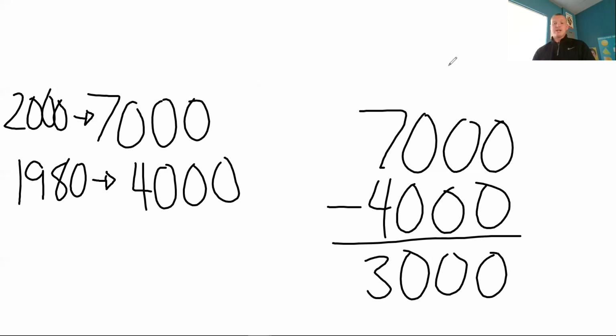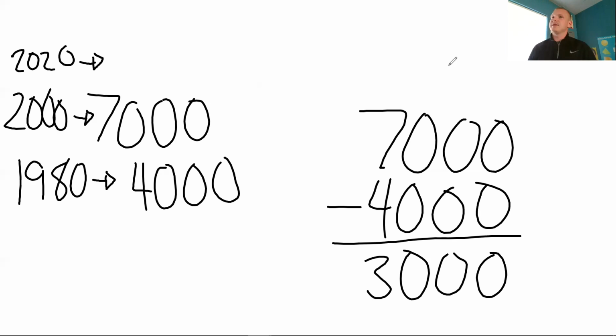And if I were to make a prediction, this isn't what you guys are doing, but if it went up by about 3,000, what would you guys expect the population to be in 2020, which is this year, if it were to keep this trend going? What do you think, Johnny? In 1980, it was 4,000. 20 years later, it went up to 7,000.